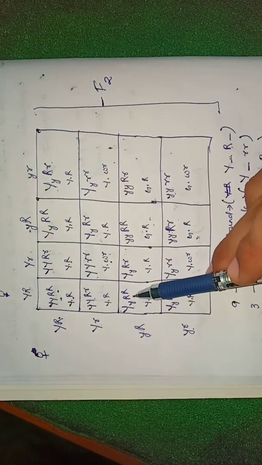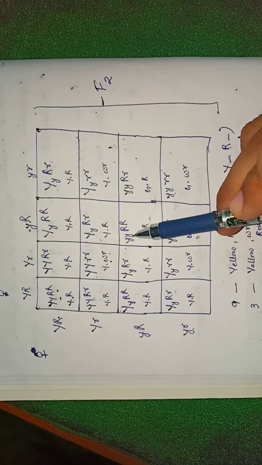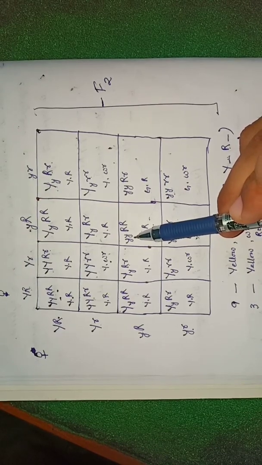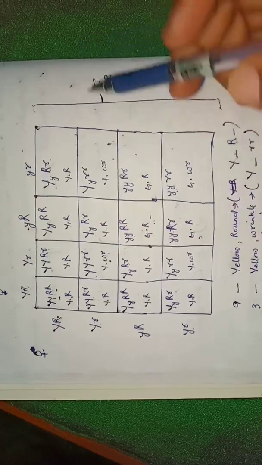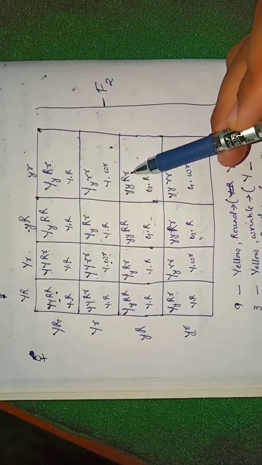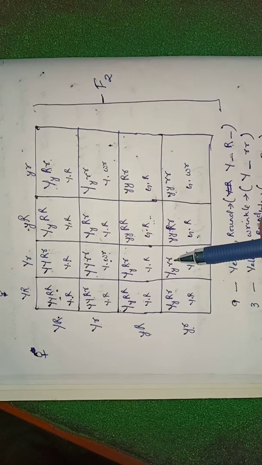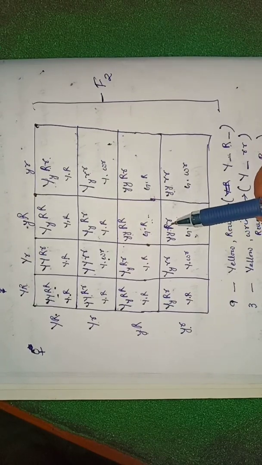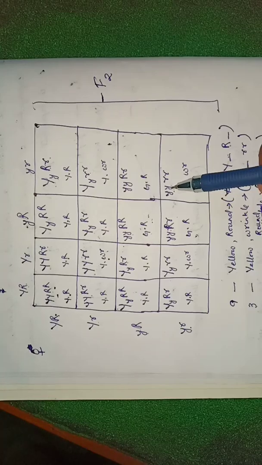Here yellow round, yellow round, and this one has Y recessive. The recessive character of yellow is green. So green, capital R means round. Here also green wrinkle, yellow round, yellow wrinkle, yellow round, green round, green wrinkle.